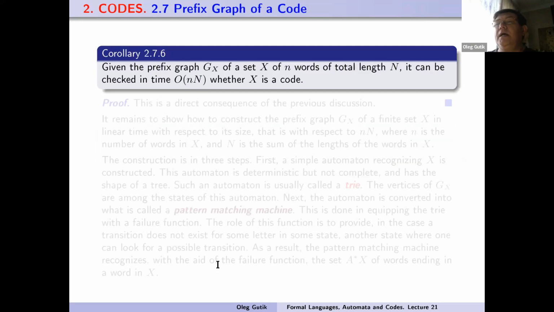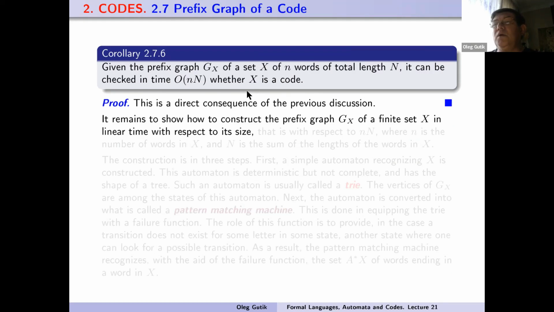Corollary 2.7.6. Given the prefix graph G(X) of a set X of n words of total length N, it can be tested in time O(nN) whether X is a code. The proof is a direct consequence of the previous discussion.